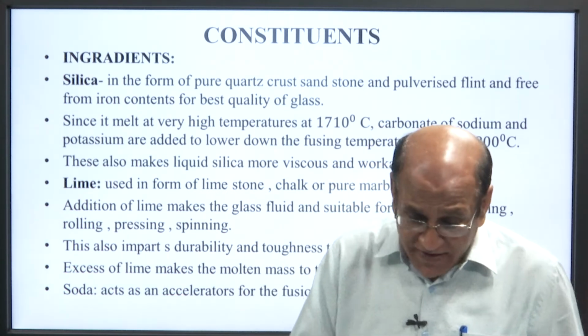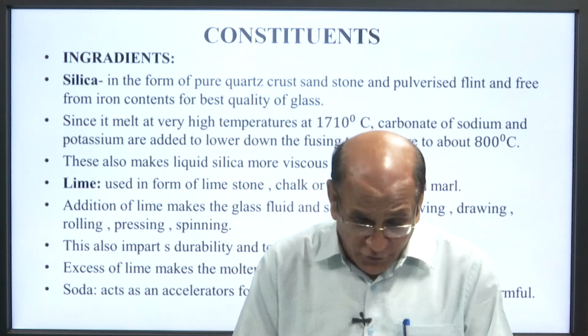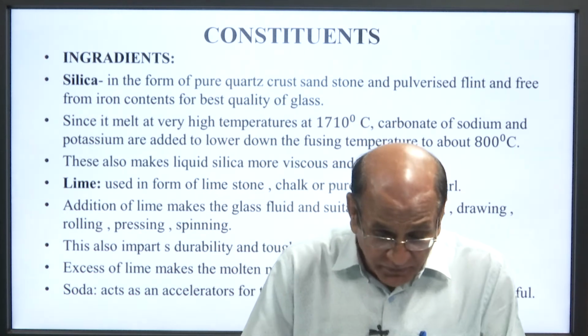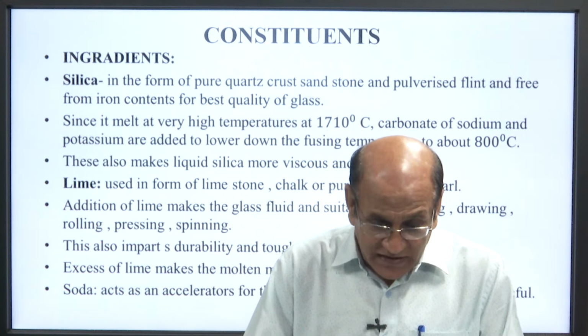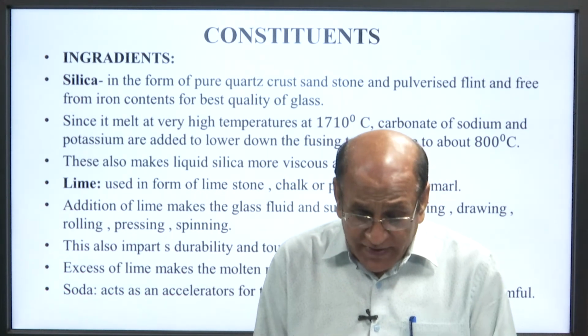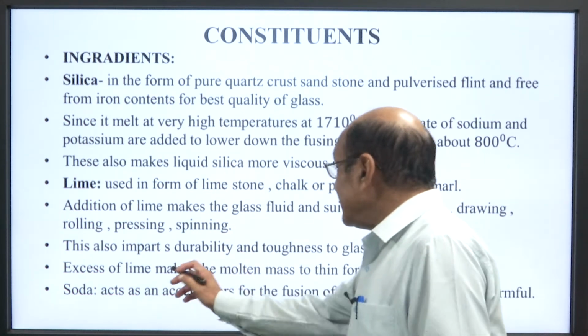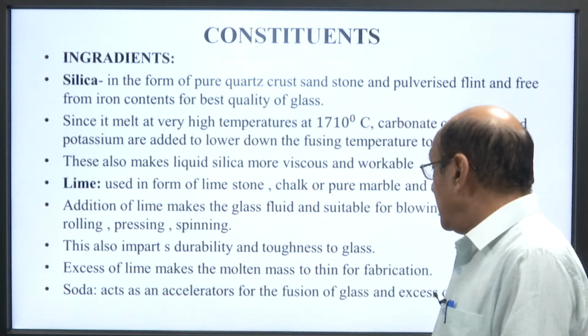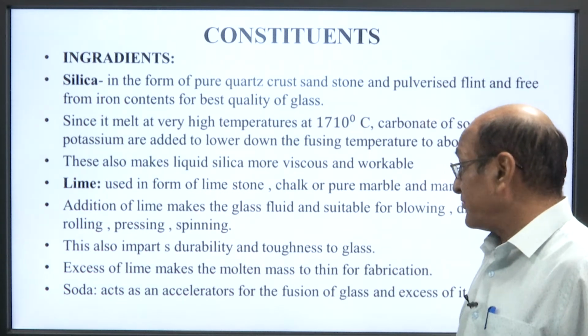Addition of lime makes the glass fluid and suitable for blowing, drawing, rolling, pressing and spinning. This also imparts durability and toughness to the glass. Excess of lime makes the molten mass too thin for fabrication.